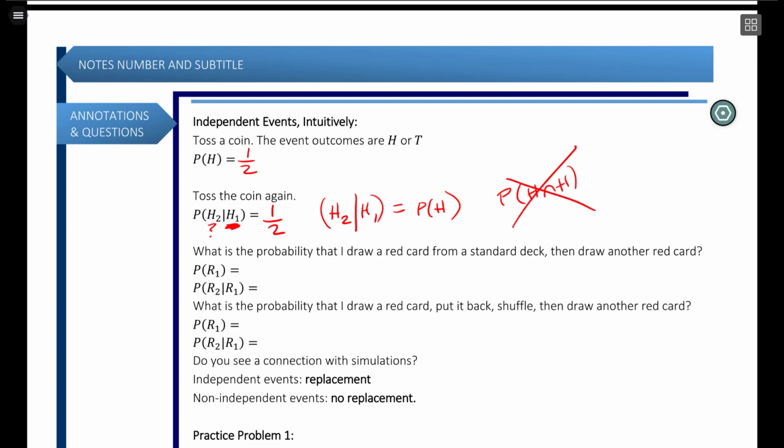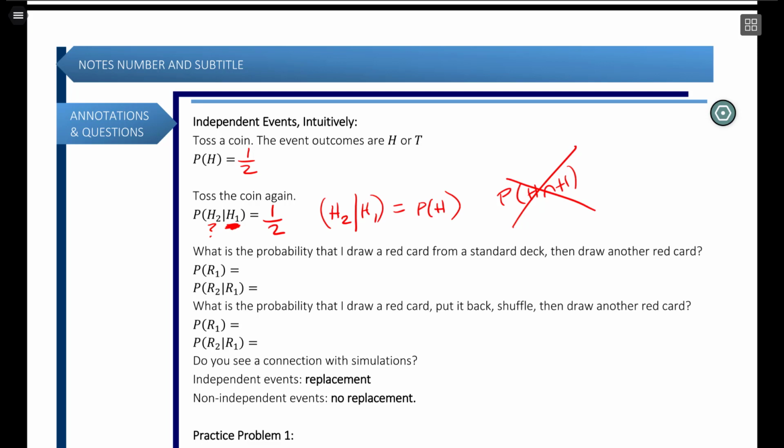This is saying, assume you toss a coin and get heads. Does that change your probability of getting heads on the next toss? We know the answer to that is no, intuitively. We understand that these two things are independent. One coin toss does not change or impact the second coin toss at all.